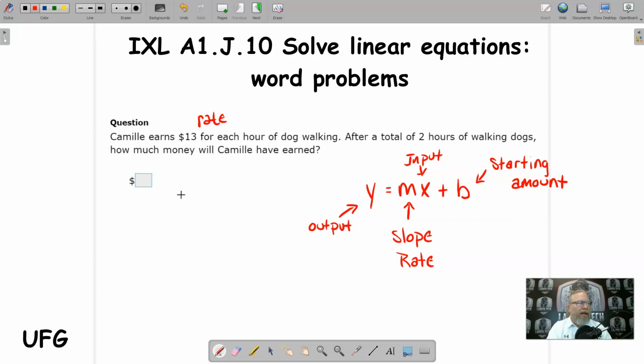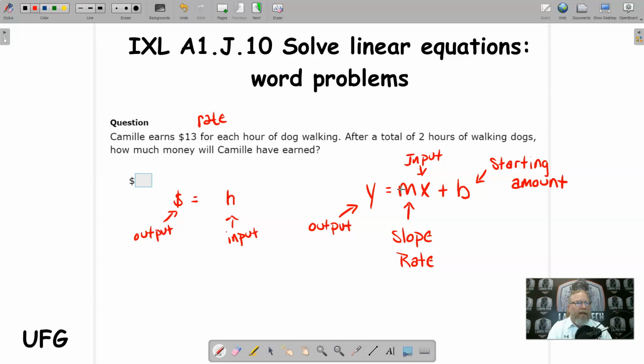Well, we understand that dollars is going to be a function of how many hours we walk the dog, right? So in this case, the number of hours is going to be our input, just like the x. The money is going to be our output. It's what's being determined by the input.